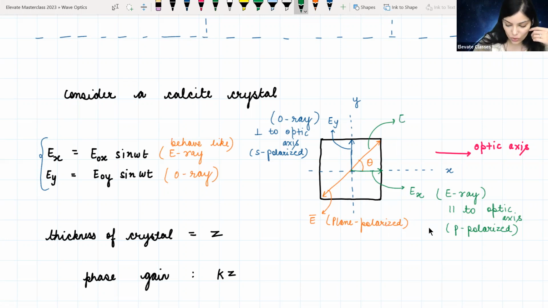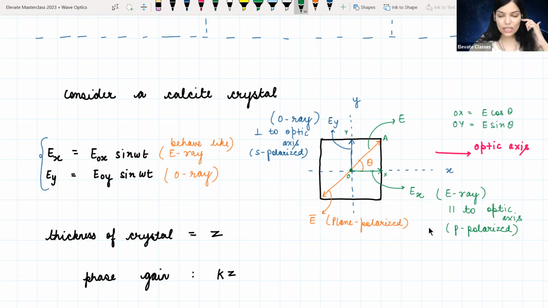If I say that the total length of this whole line I have drawn is equal to E, or let me consider this from the origin. If I say this is the origin, then from origin to point A, the length OA is E. Then what is going to be the length of OX and OY? OX is going to be equal to E cos of theta, and OY is going to be equal to E sine of theta.